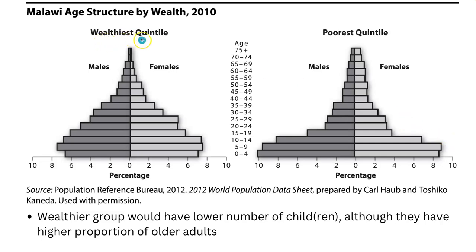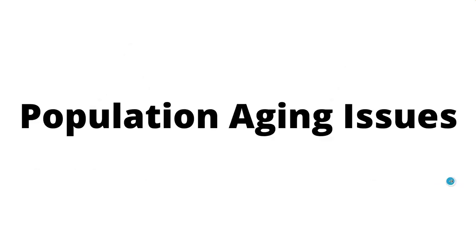The wealthiest quintile of Malawi, which is also a very developing country, has a smaller proportion of the younger generation compared with the poorest quintile. So within the same country, not only among different countries, there are very big differentiations of the age structure. That would be a very interesting topic to consider in further discussion of other topics.